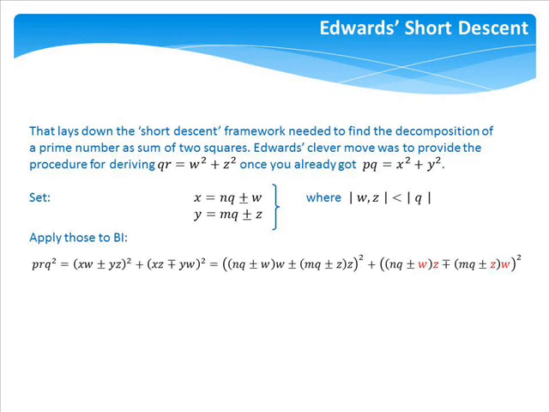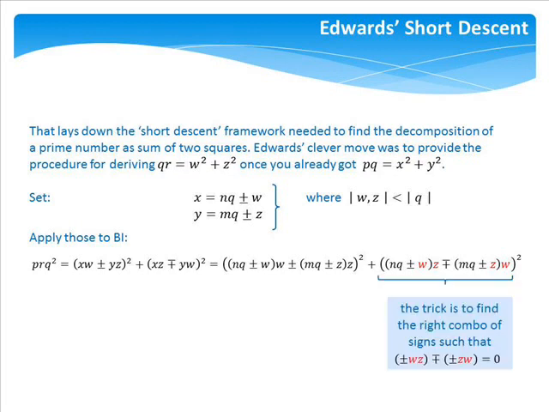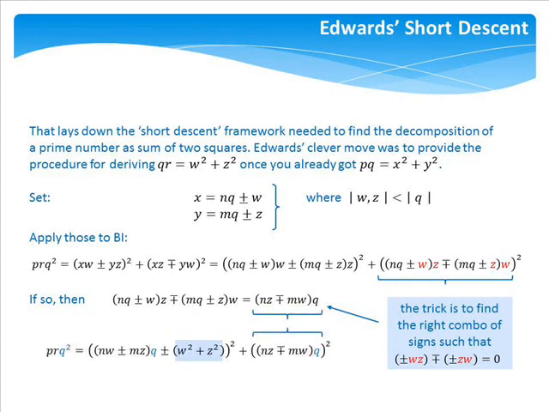Next, we apply those equations to Brahmagupta's identity. There, we see that in the second square, we have w times z twice. So the trick is to find the proper combinations of signs so that they cancel each other. By doing so, we will have the second square divisible by q. Furthermore, in the first square we can regroup terms, so that the first one is also divisible by q.